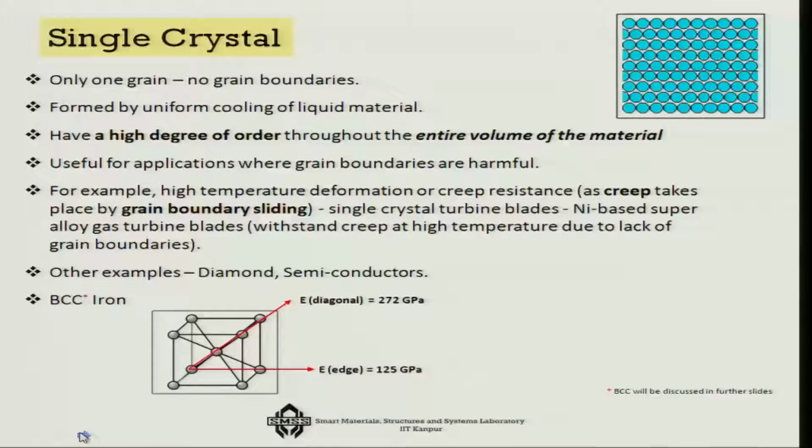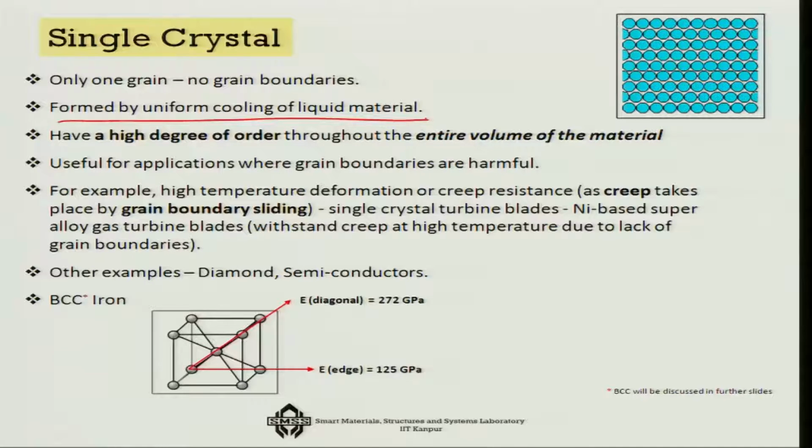In a single crystal there is only one grain, no grain boundaries, and it is generally formed by a very uniform cooling of liquid material. There are various techniques towards this, and it will have a high degree of order throughout the entire volume of the material. Development of a single crystal structure is quite an art on its own, but it has very practical applications.